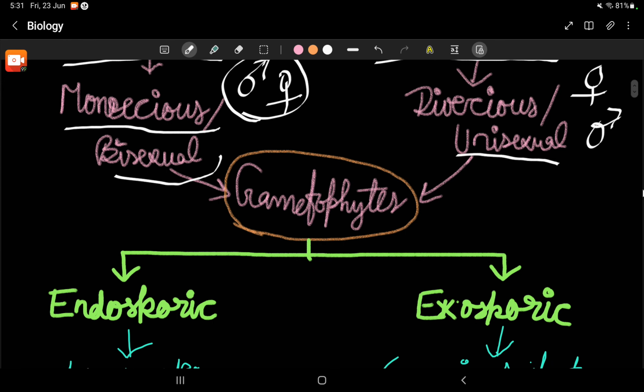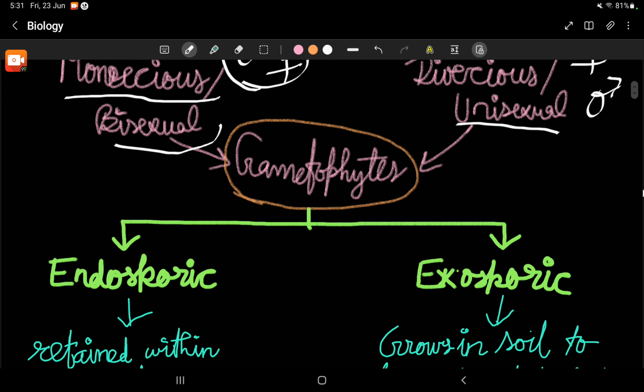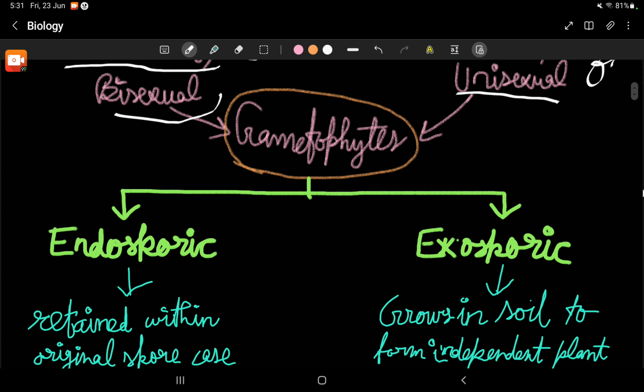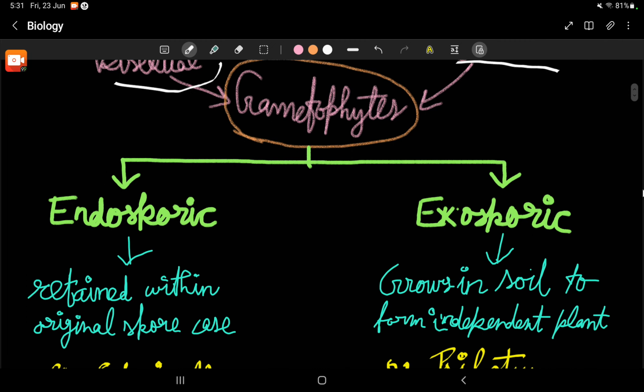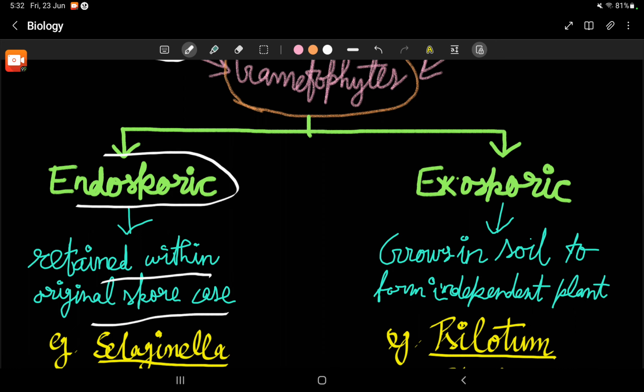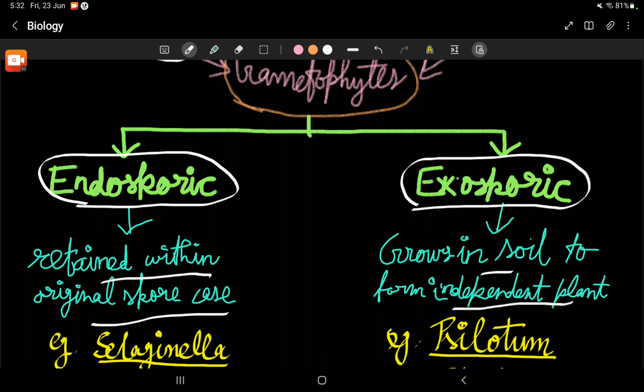Next, types of gametophytes on the basis of their dependency on the spore mother cell. If they are retained within the original spore case, they are called endosporic, and if they grow in soil to form an independent plant, they are called exosporic gametophytes.